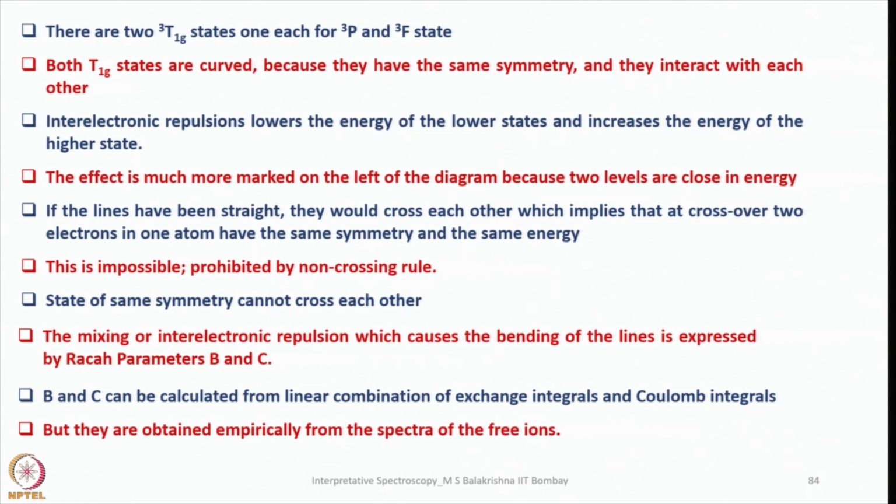So in order to make the correction so that the experimental values would be the same as theoretical values, you have to incorporate Racah parameters. And how to obtain them? They are obtained empirically from the spectra of the free ions.